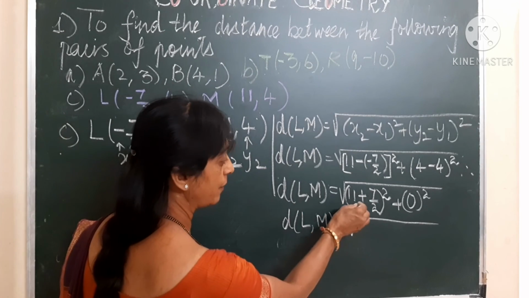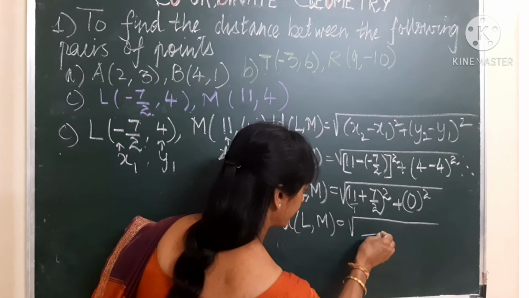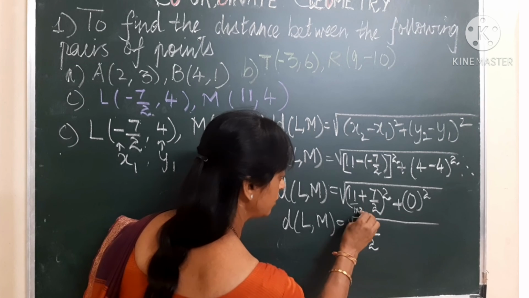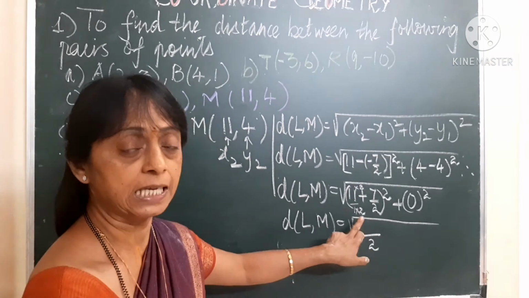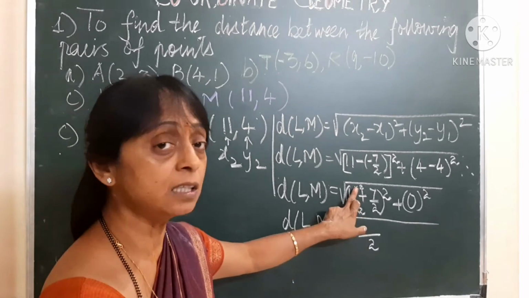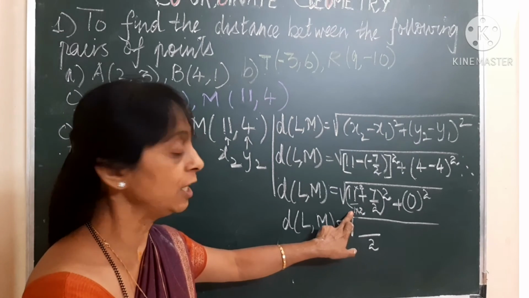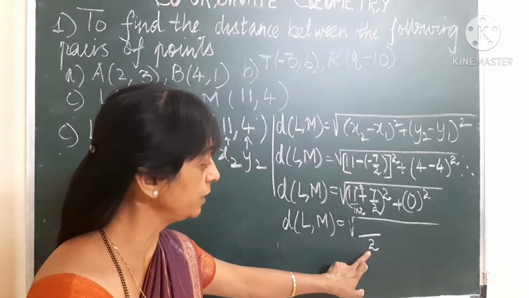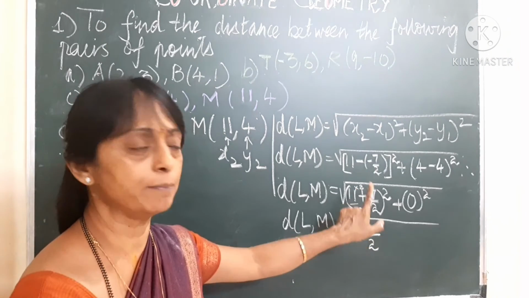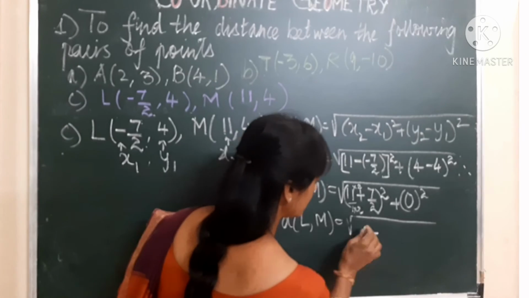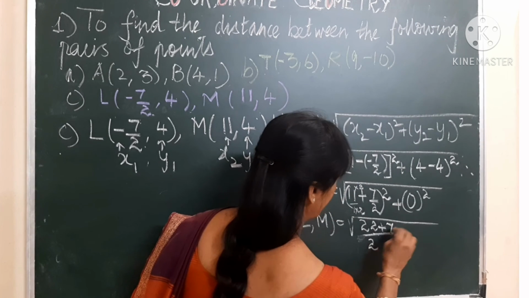It is 11 upon actually 1. The LCM is 2. So multiply by 2 into the denominator. The same will be done in the numerator. Whatever you multiply in the denominator should be done in the numerator. Why are we multiplying in the denominator? Because in the denominator the value is 1. It should be made equal to the LCM, that is 2. So 1 into 2 will give me 2. So the numerator is also multiplied by 2. 11 into 2 is 22. Plus 7.